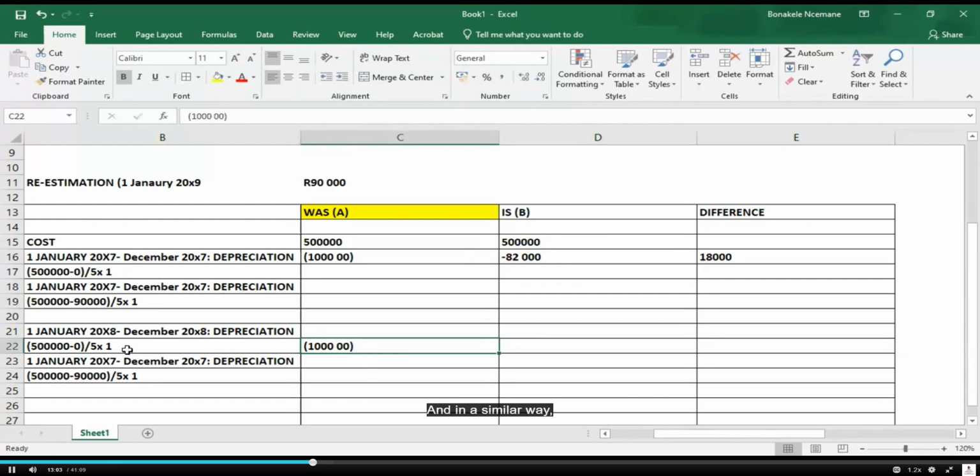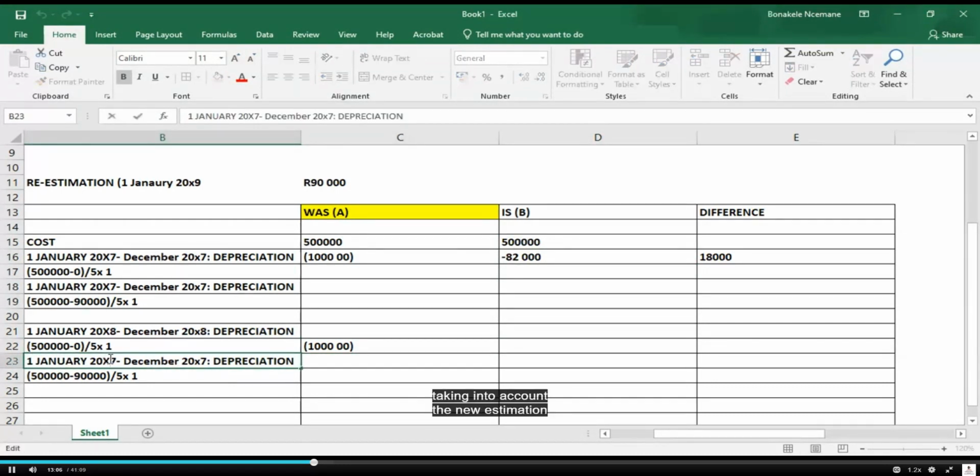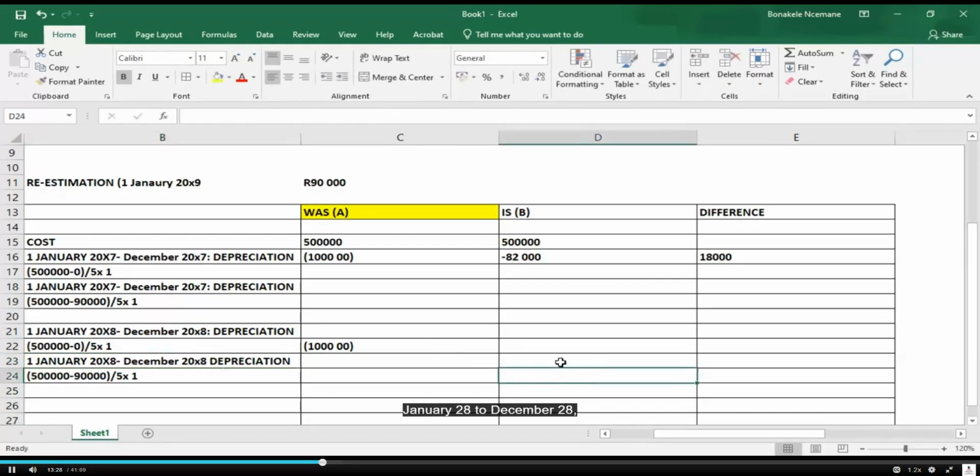In a similar way, taking into account the new estimation that this machinery now has a residual value, January 20X8 to December 20X8, our new depreciation would be 82,000.